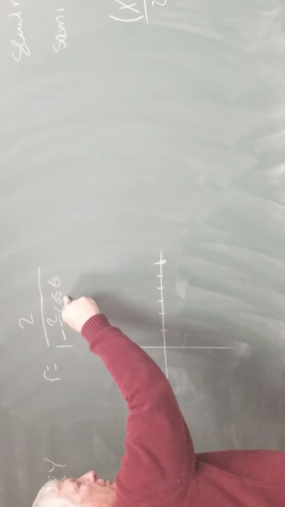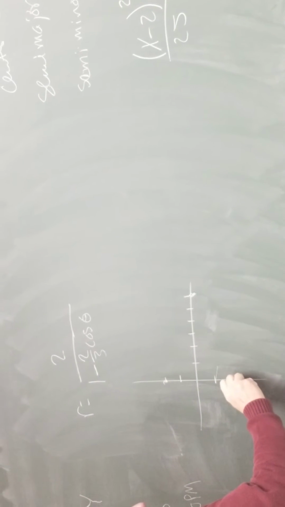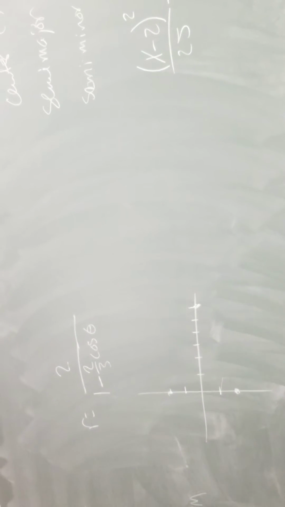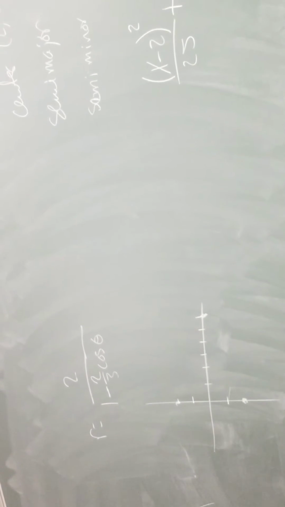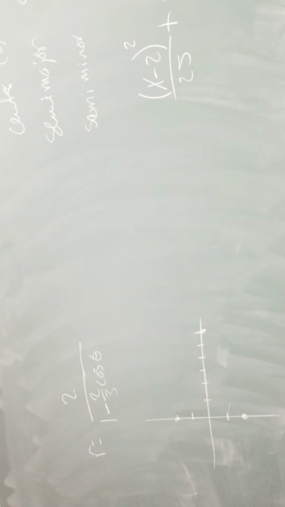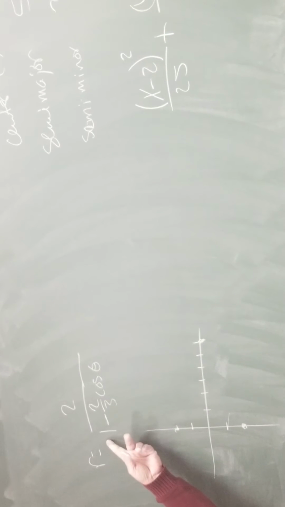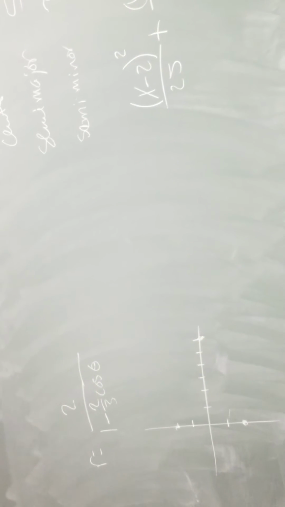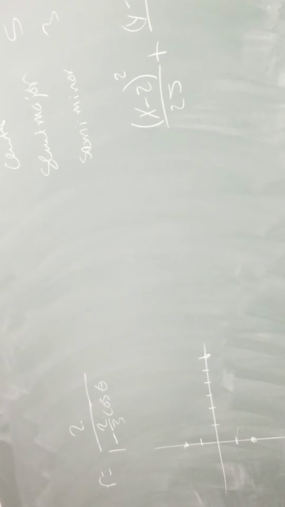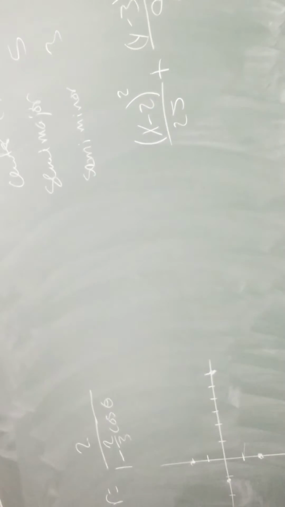In direction of 90 degrees, cosine of 90 is 0, so we have 2 over 1. In direction of 270, we have 2 over 1. Direction of 180, cosine of 180 is negative 1. Negative 1 times negative 2/3 is positive 2/3. 1 plus 2/3 is 5/3. 2 divided by 5/3 is 6/5. Put that there.